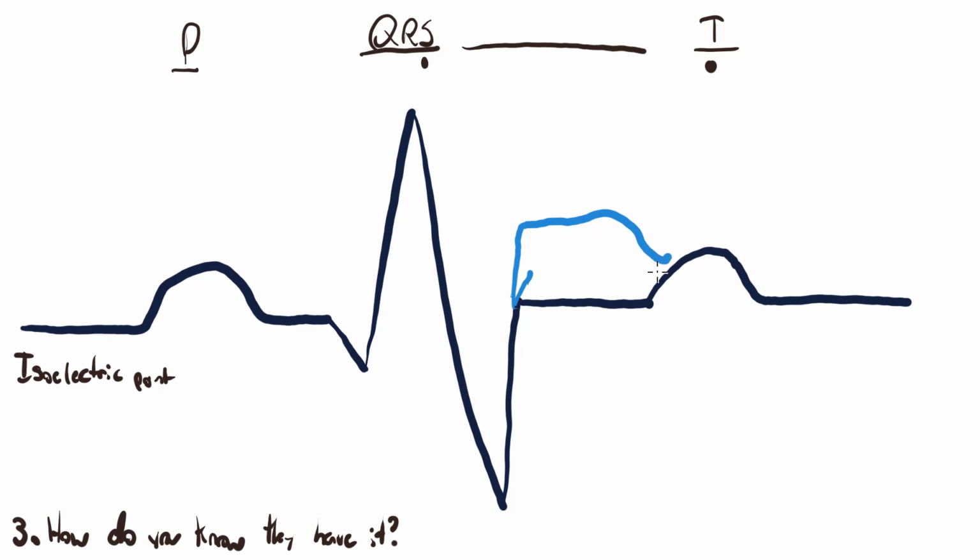That means they're having something called a STEMI. STEMI stands for ST segment elevation myocardial infarction. Bad news, heart attack, right? Dangerous. So that's why we get a 12-lead EKG, to look for an ST segment elevation.